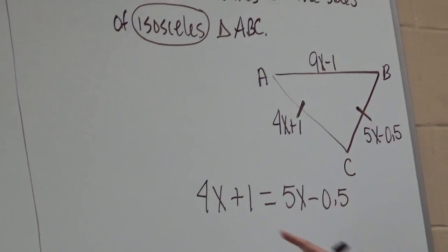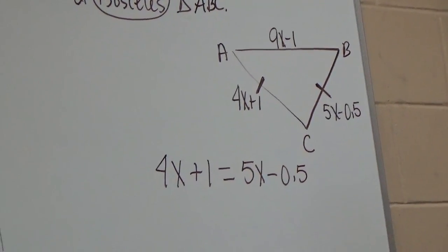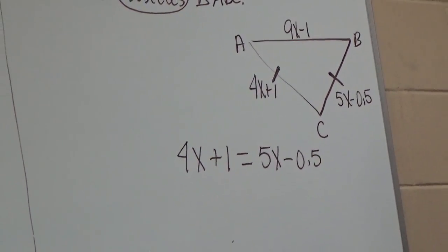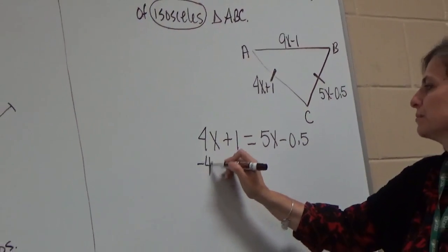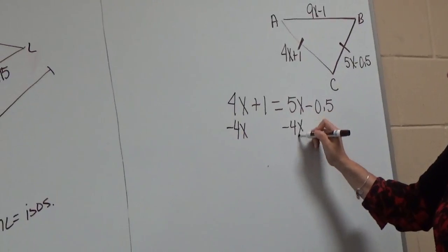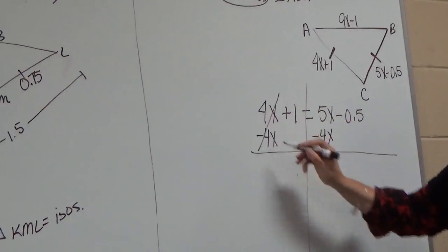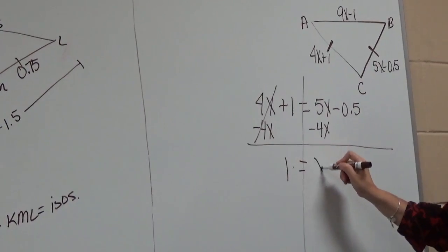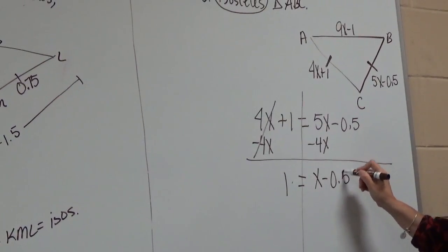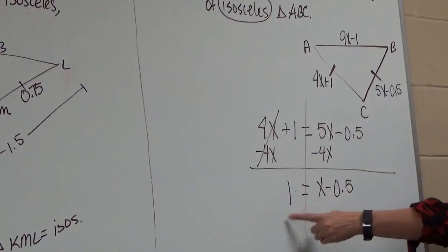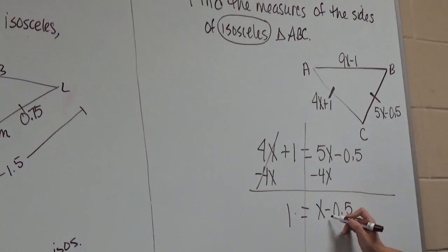Okay, so I get 4x plus 1 equals 5x minus 0.5. So let's do the algebra. I'm going to subtract 4x from both sides. Draw a line down the middle here. That cancels out. I get 1 equals x minus 0.5. How do I get 0.5 to the other side? I have to say what's happening to x.